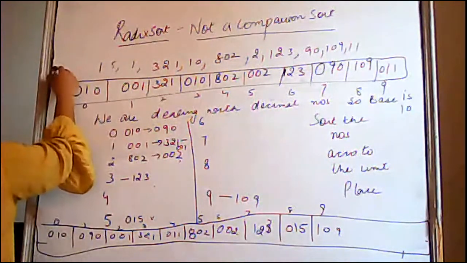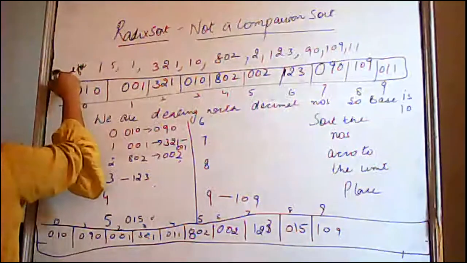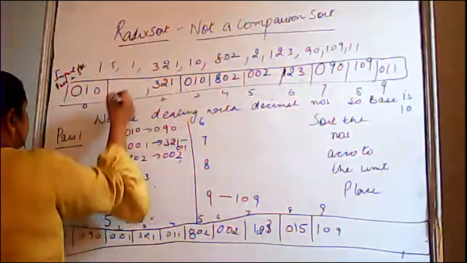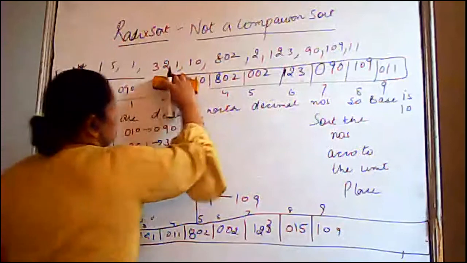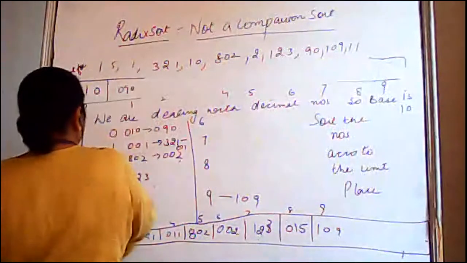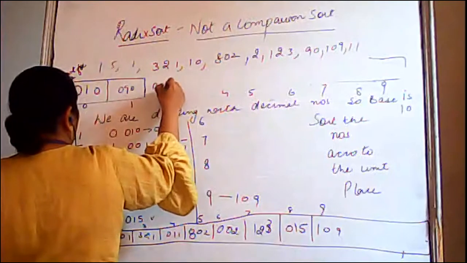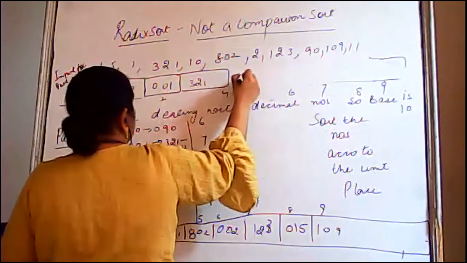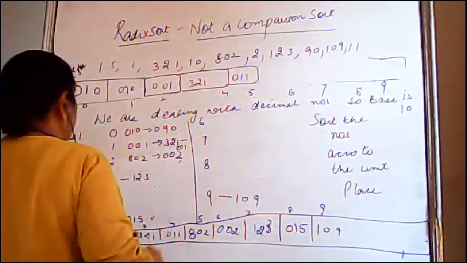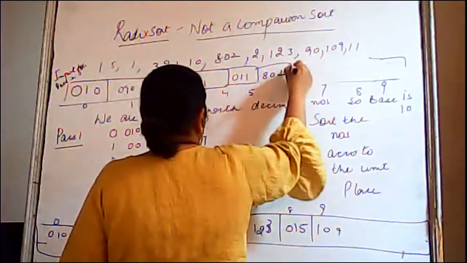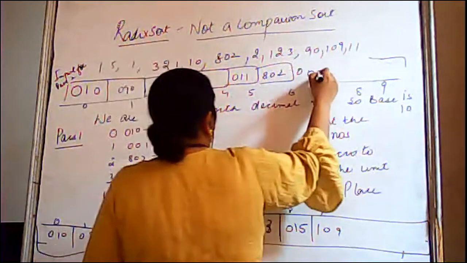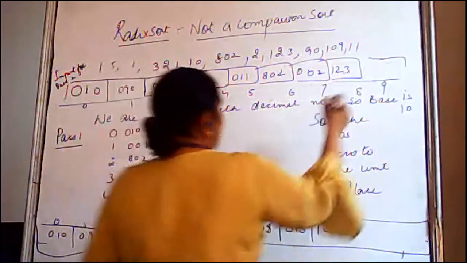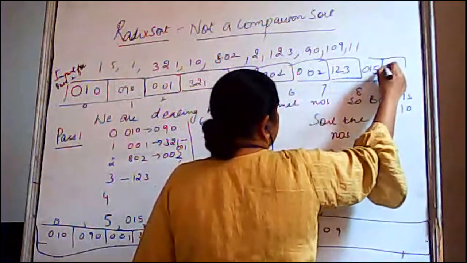I'm just taking the input for pass 2: 010, 090, 001, 321, 011, then 802, 002, 123, then 015 and 109.